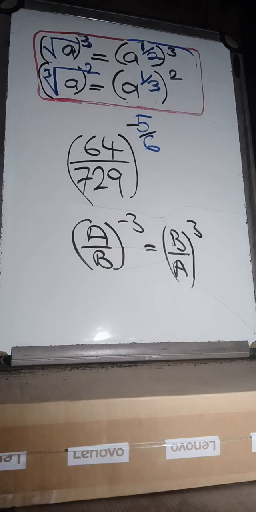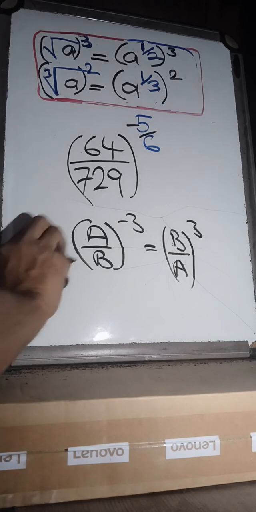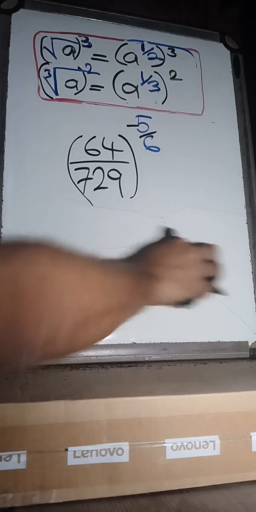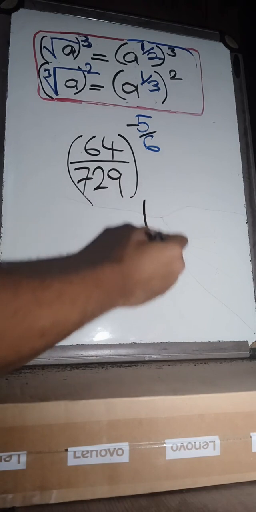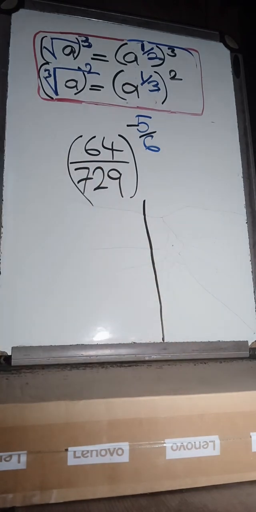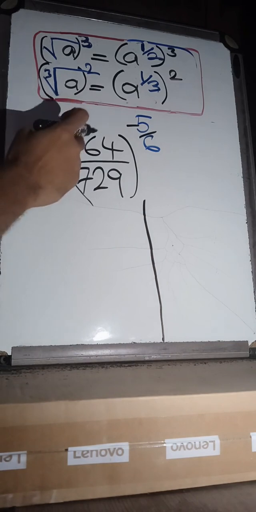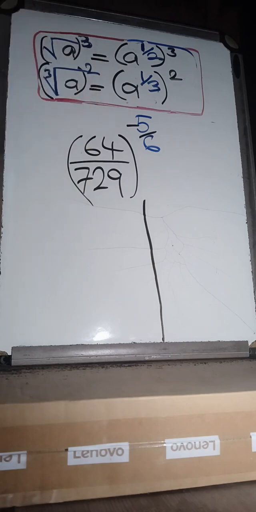So, to make your life a little easier, you can flip it from early. So turn 64 over 729 to 729 over 64 and make that exponent positive. Either way, you're going to have to do it at the end, because it's going to come out the same. So, let's see if it actually works out. Let's have left and right then. There's a certain number here that you can raise to the 6.